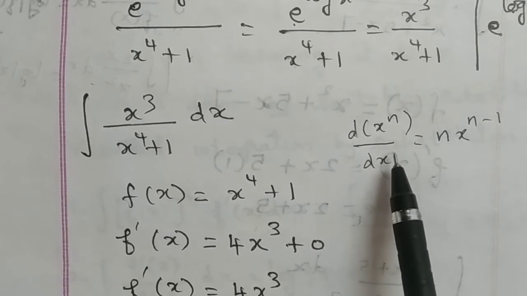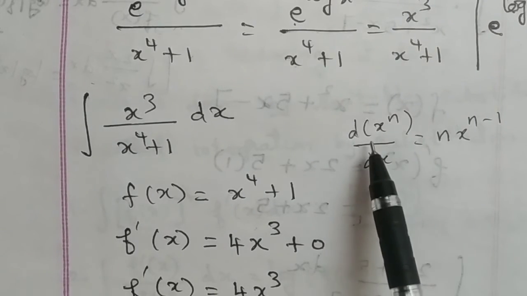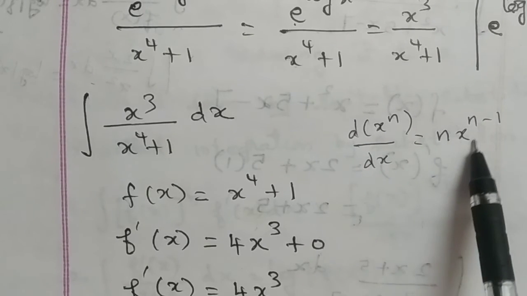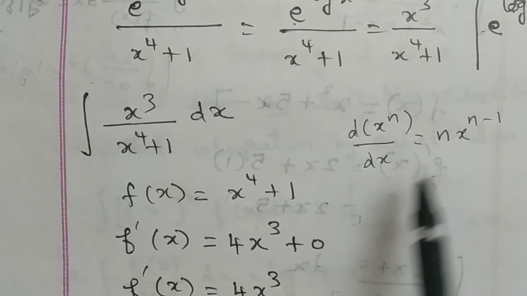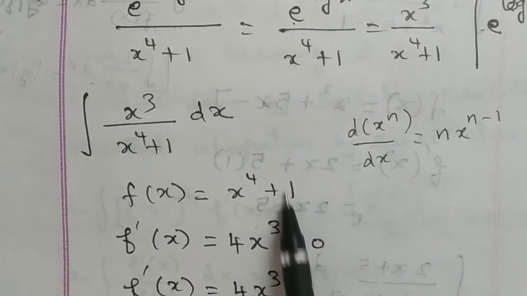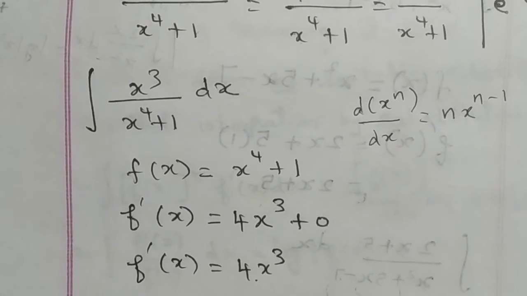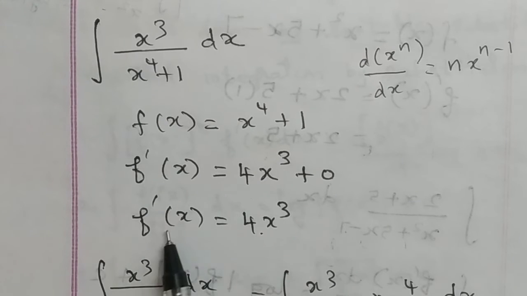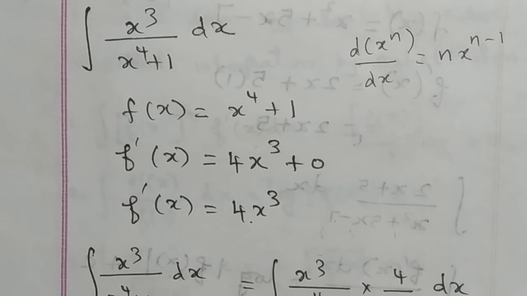So 4x cube. The derivative of 1 is 0. So f dash of x is equal to 4x cube.